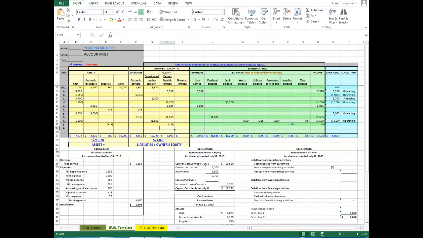And finally, in transaction K, Cecil Jameson withdrew $1,000 for his personal use. Reduced cash. In this case, Cecil Jameson made a draw of $1,000 from his business.